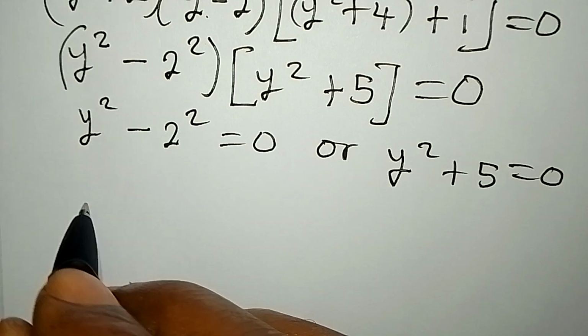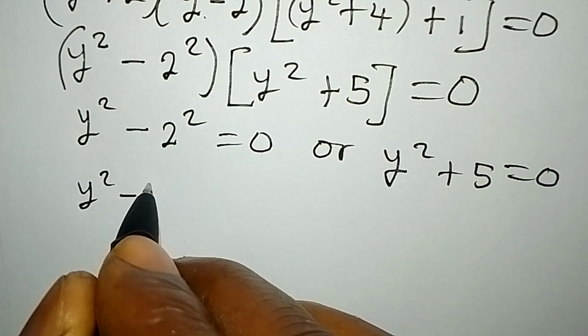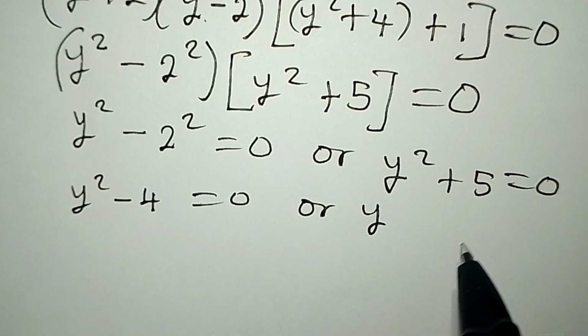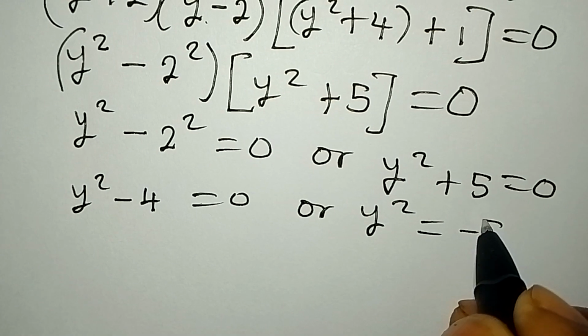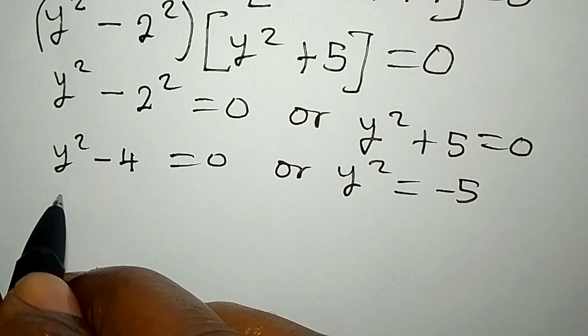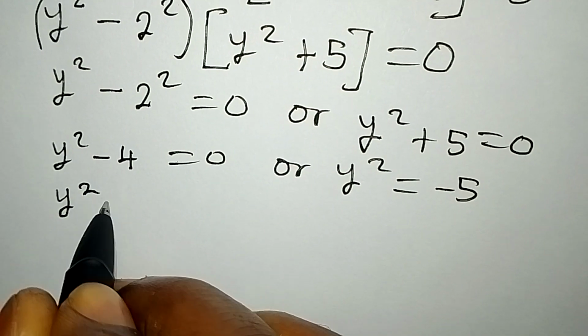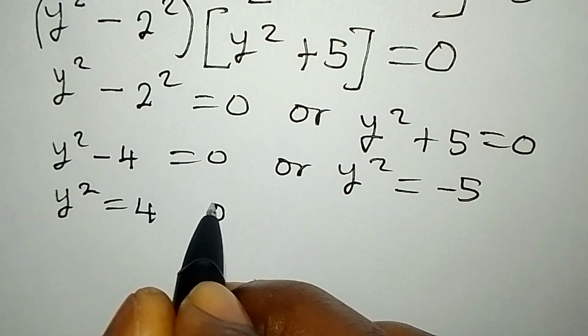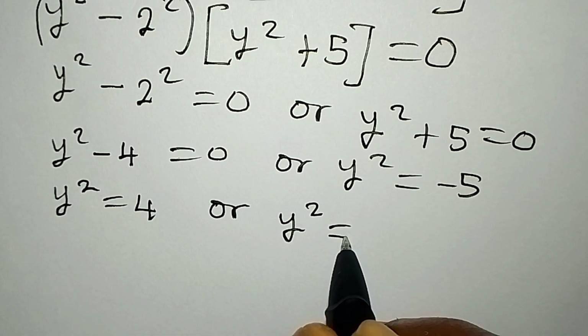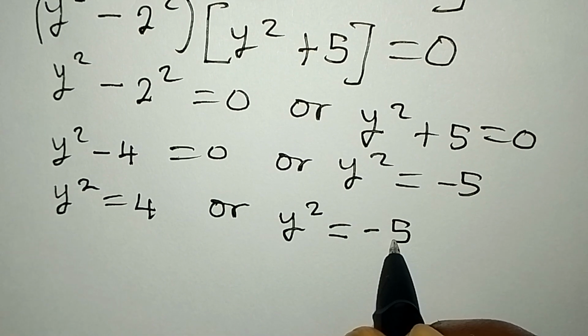So y squared minus 4 is equal to 0, or y squared is equal to minus 5. From here, let me take this to the other side. So we have y squared equal to 4, or on this side, y squared is still equal to minus 5.